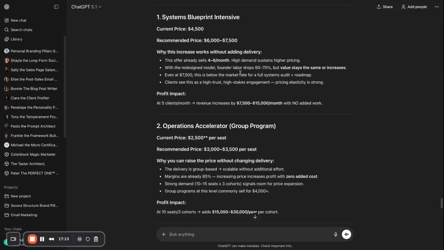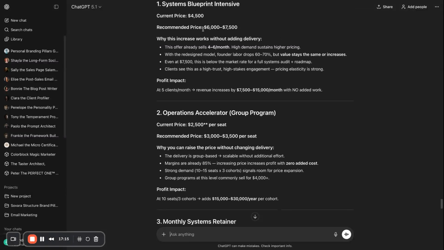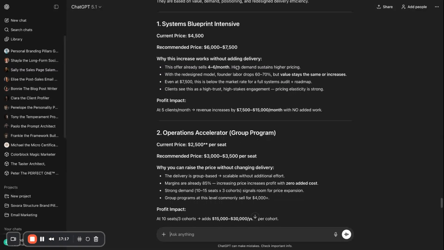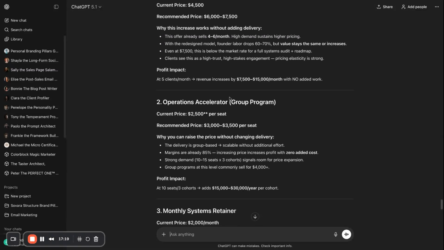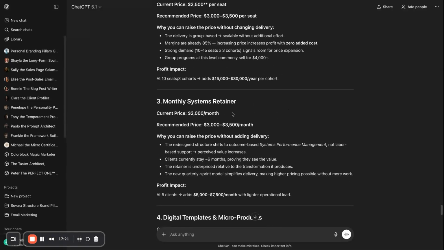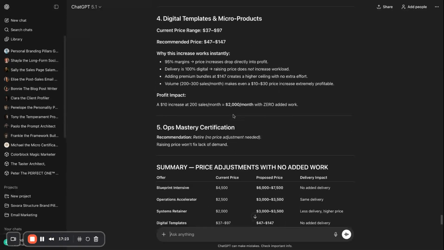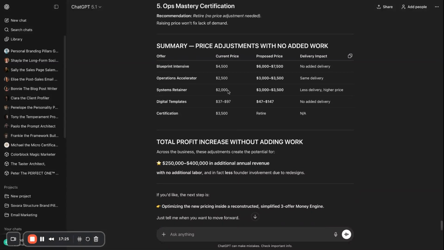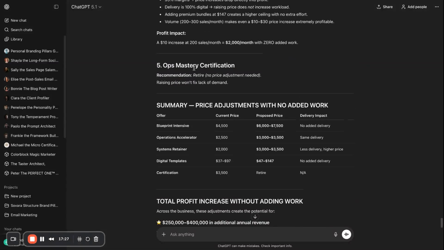And so now it's giving us some price recommendations. So the system blueprint from 4,500 to 6 or 7.5K. And it's doing that with all of these. Okay. Now, here, the certification recommendations: retire, no price adjustment needed.